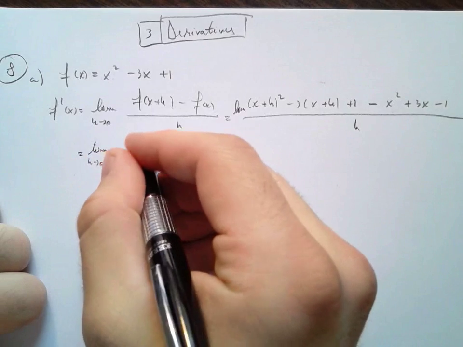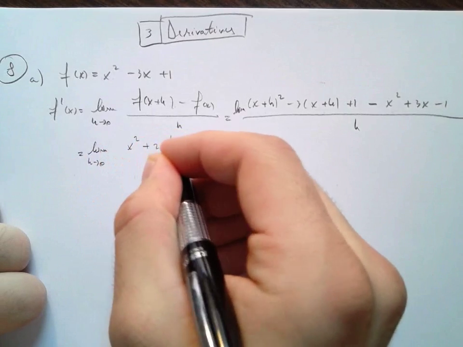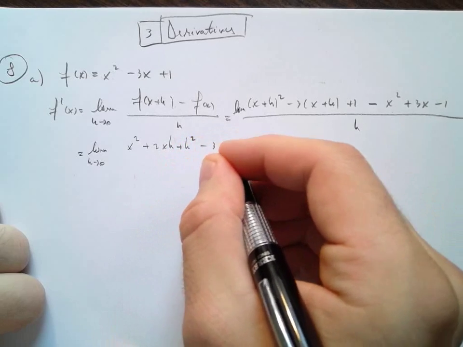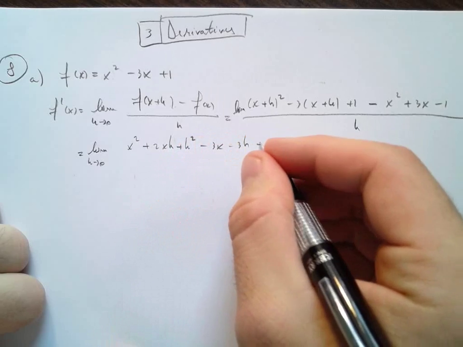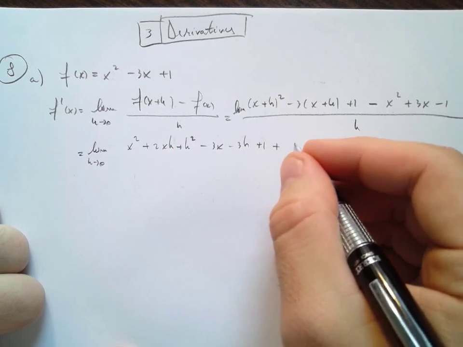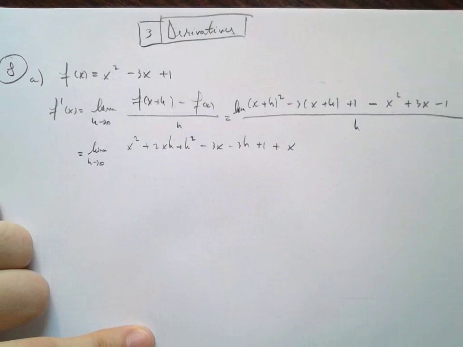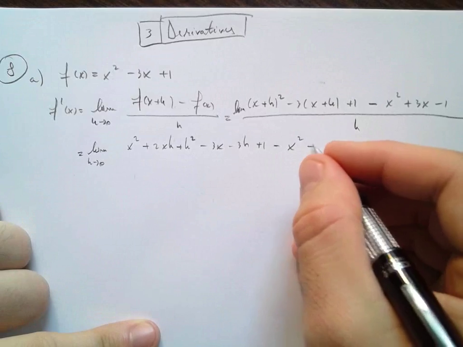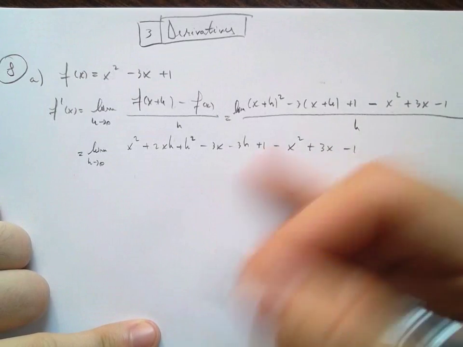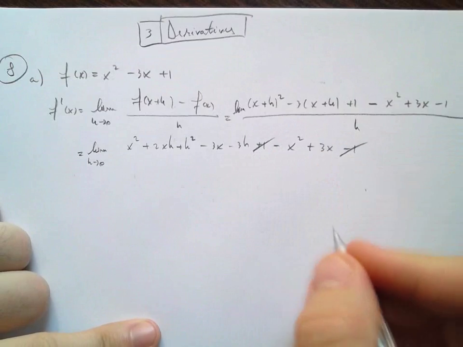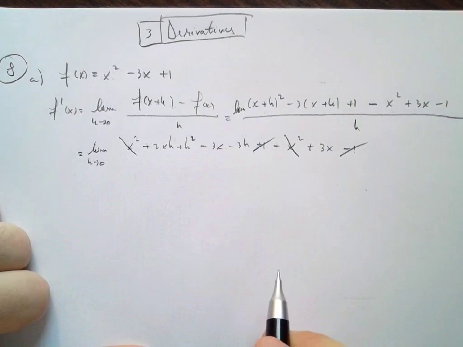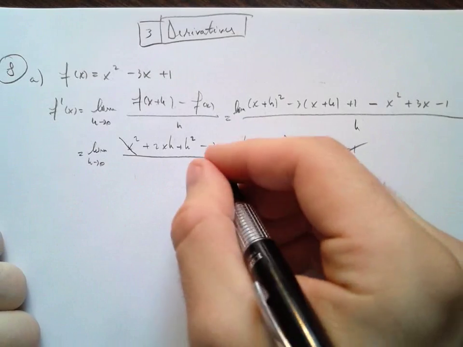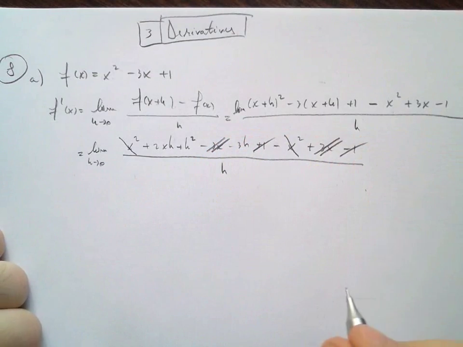I have x squared plus 2xh plus h squared minus 3x minus 3h plus 1, plus minus x squared plus 3x minus 1. So let's cancel what we can. I'll start with the constants. They go away. The x squares go away. Of course, this is all divided by h. And also the 3x term goes away, just like so.